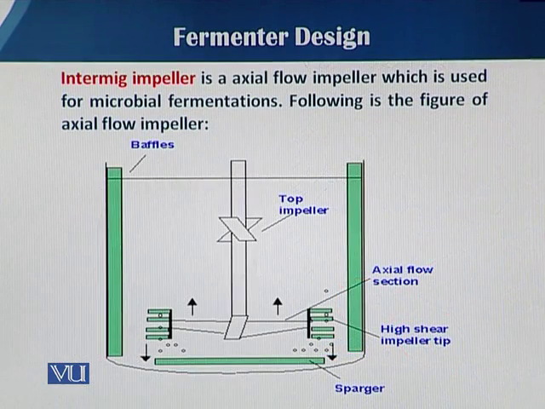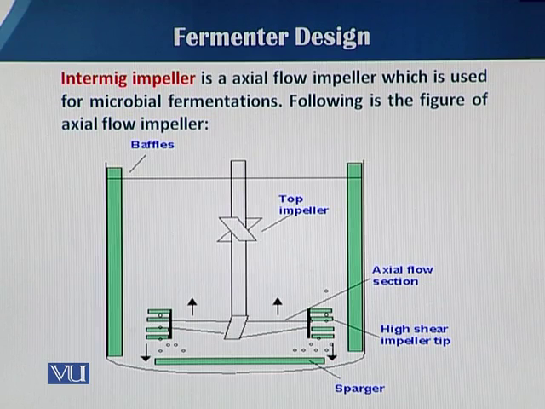There is a problem in radial flow impellers, where there is maximum shear, but in axial flow there is less shear. If we want less shear but also maximum mixing of air into the liquid medium, there is a choice of another kind of impeller.